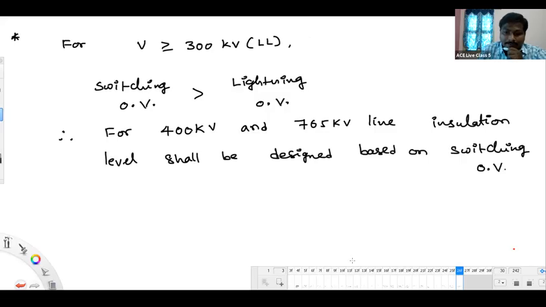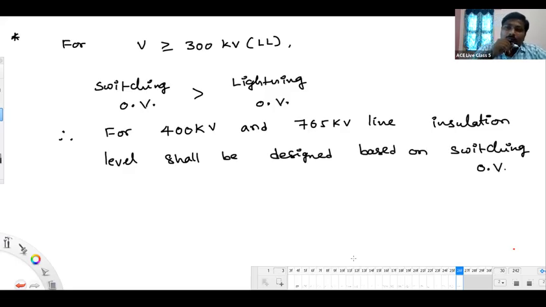When do we have to consider lightning over voltage? Whenever the height of the tower or line is very high, only then do we consider lightning. How much height depends upon the other objects beside that system.